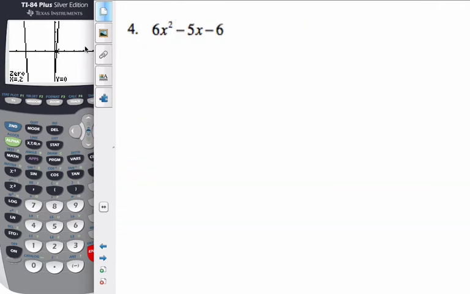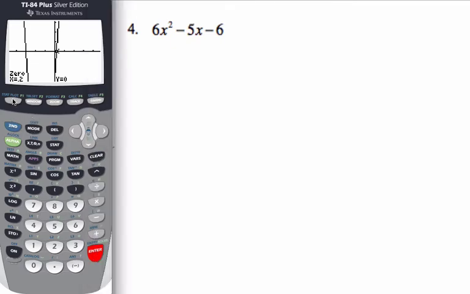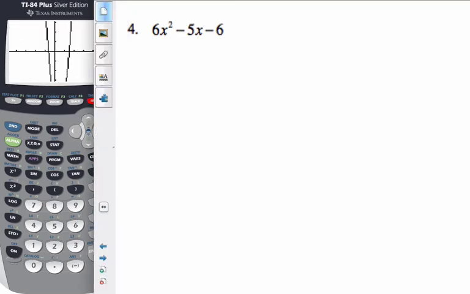Okay, we'll try this one now, and let's do it graphically. So I'll clear that and we'll go 6x squared minus 5x minus 6. We'll graph it. And we can see that we have this graph here, which looks something like this.